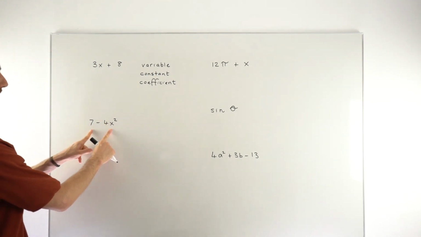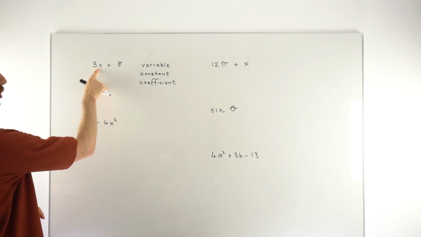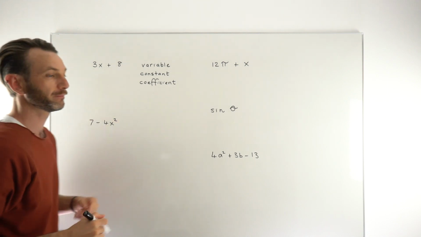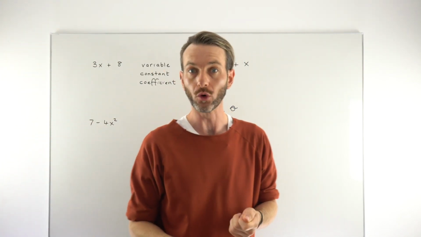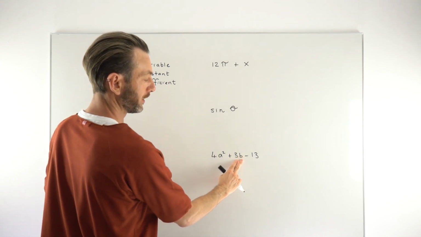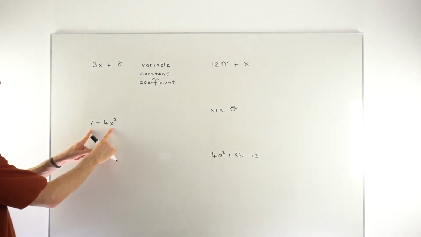Looking at this example and comparing it to this one, notice here we have the x term first, the term that contained the variable, then the number term. That is ideally what we would always go for, the variable, then the numbers. Notice here we go variable, variable, and then number. We'll talk a bit more about this one later. Why have we spun it around this time?